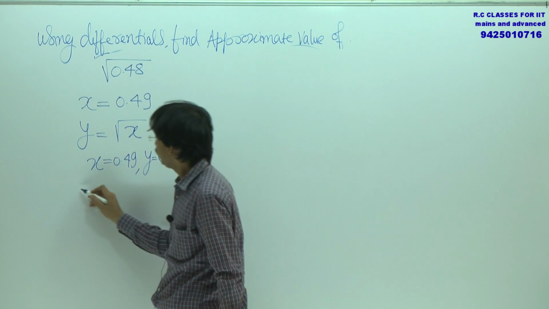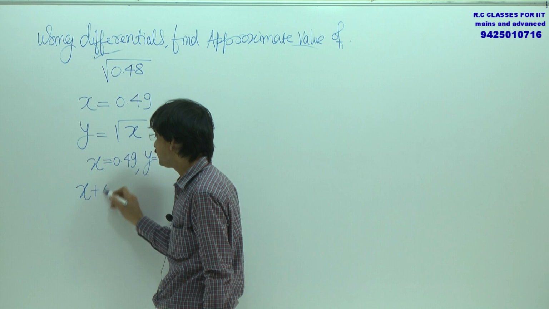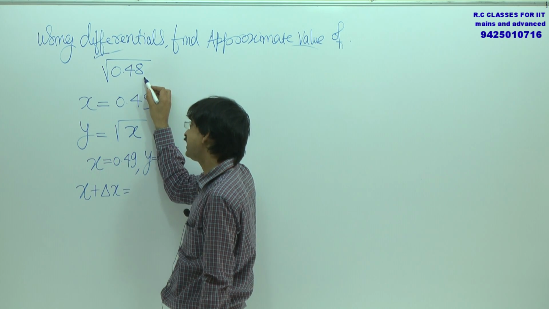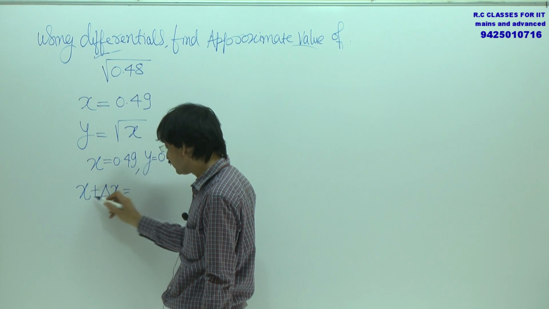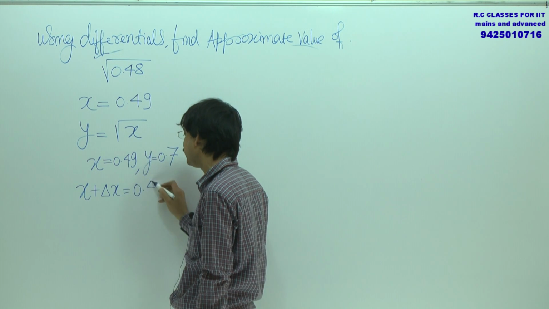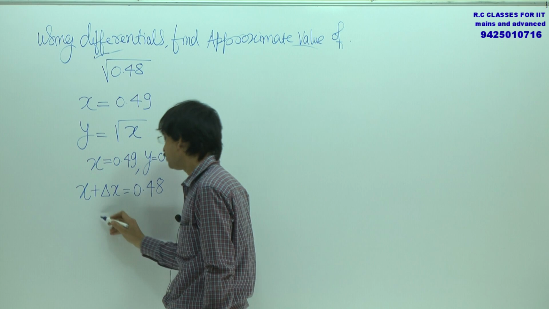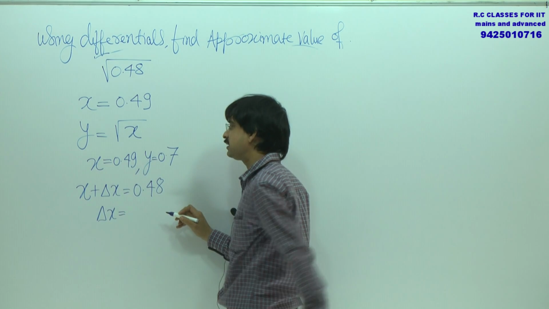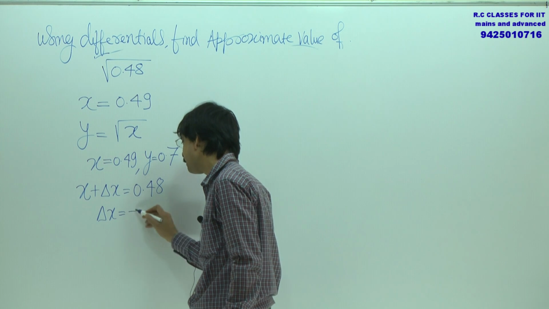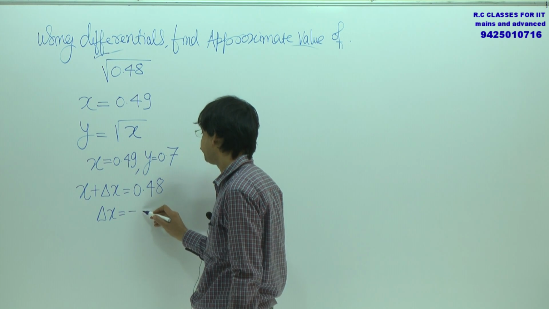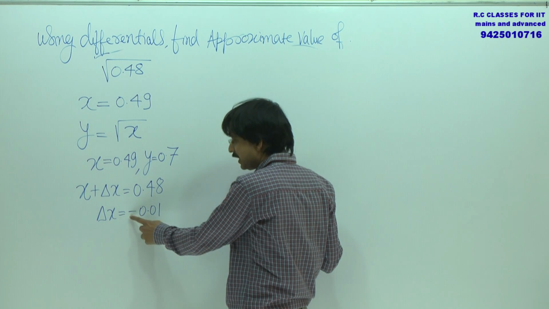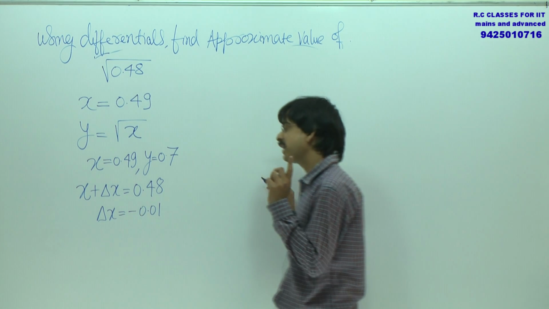Now x plus delta x we want value of this 0.48 in square root of that. So x plus delta x is equals to 0.48. So delta x is going to be equals to 0.48 minus 0.49, that will be minus of 0.01, right?